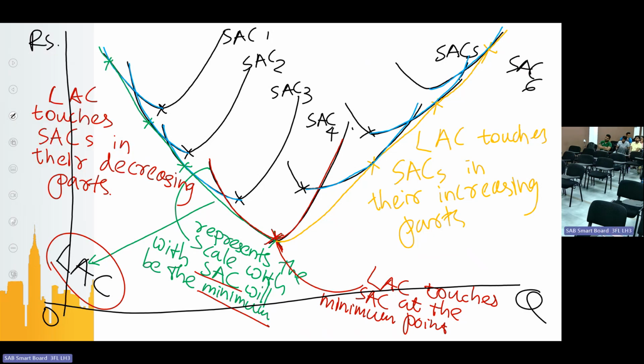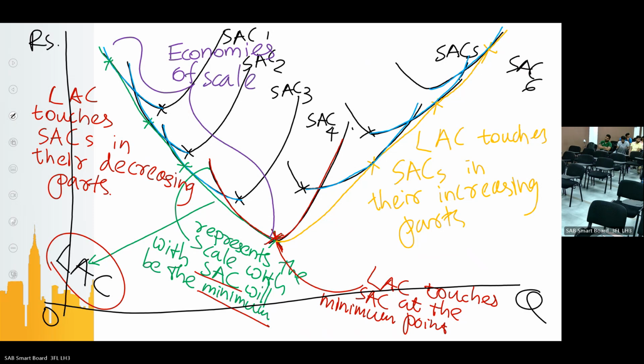Over this range, the firm experiences economies of scale. When the long-run average cost curve is decreasing, the firm is experiencing economies of scale.